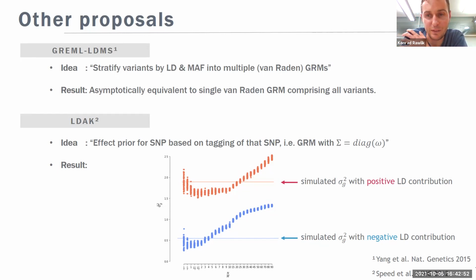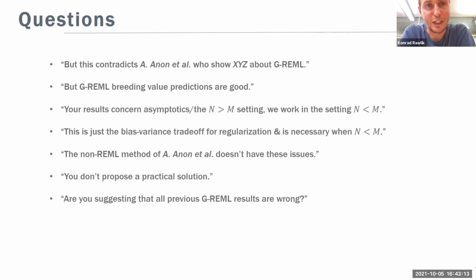If we apply this to traits with positive or negative LD contribution, we see that it has some erratic behavior, consistent with the theory of what would happen if you had a diagonal sigma with some weights in it. So that's essentially it.